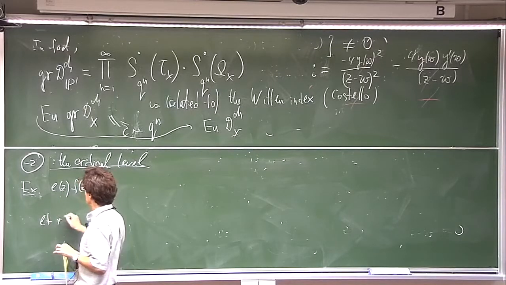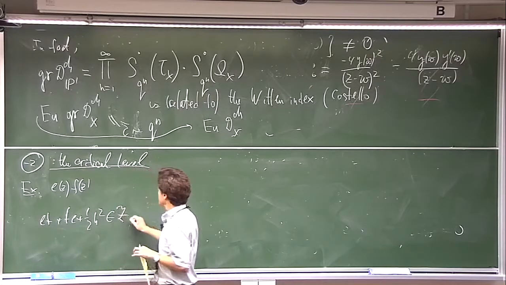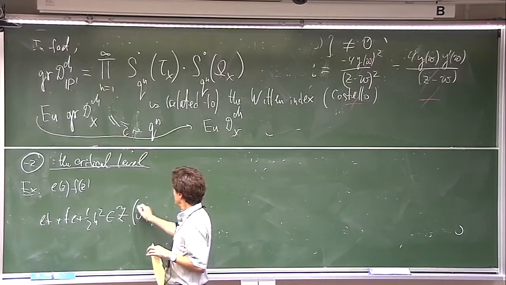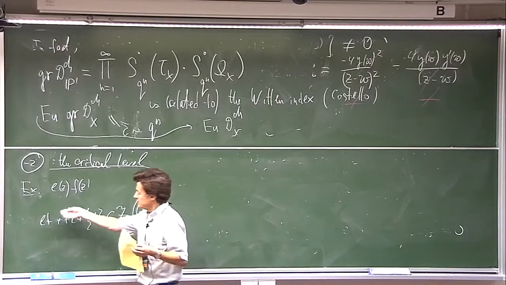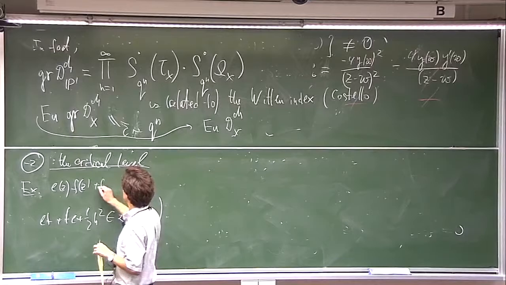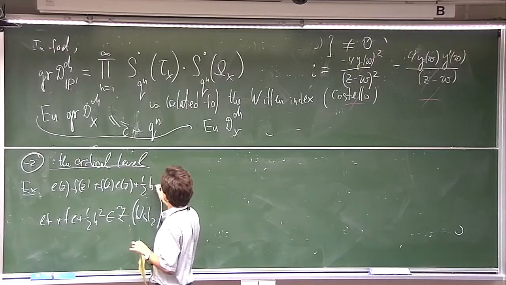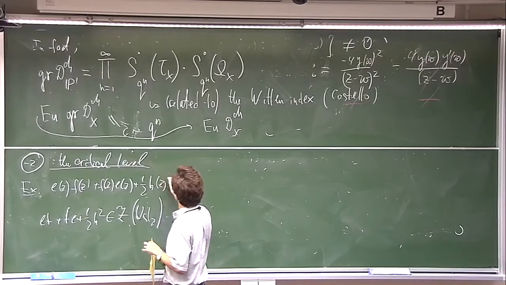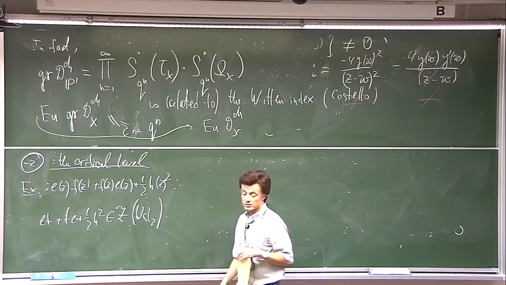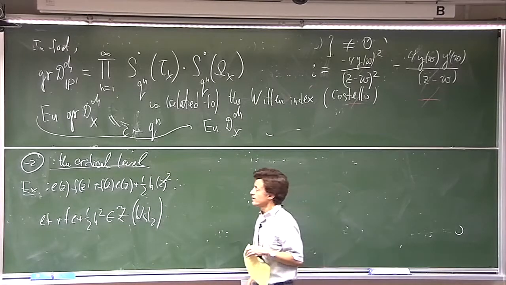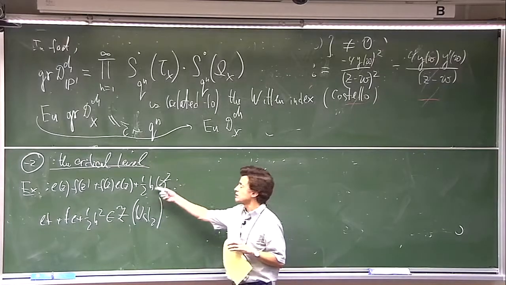remember, EF plus FE plus half of H squared was central. If you go over to the fields, you have to do the normal ordering. This may cause trouble, and in general, it's not going to be a center.